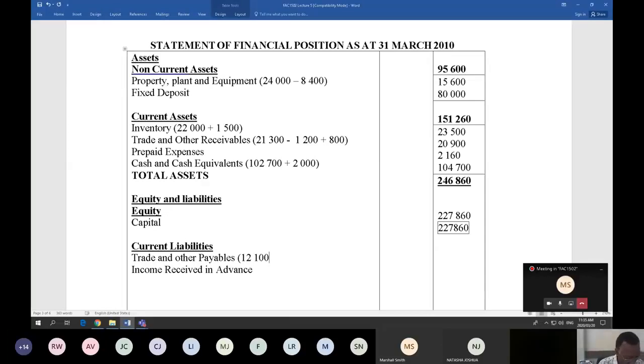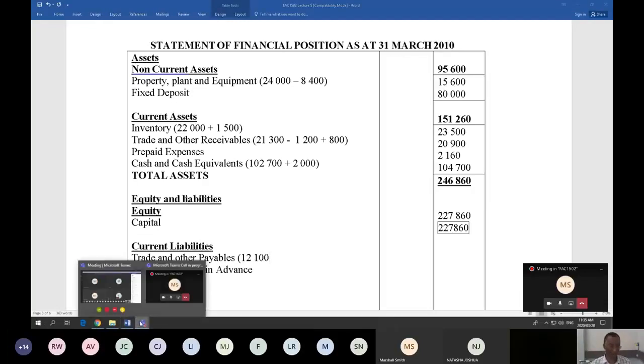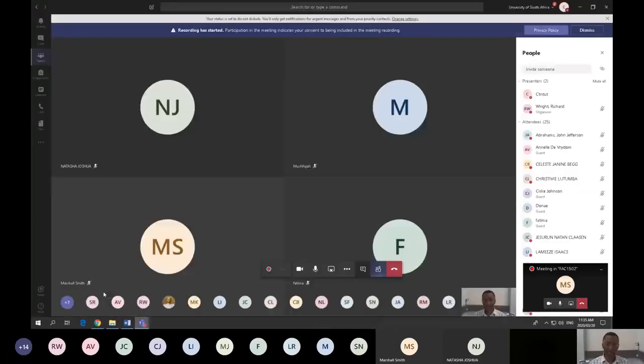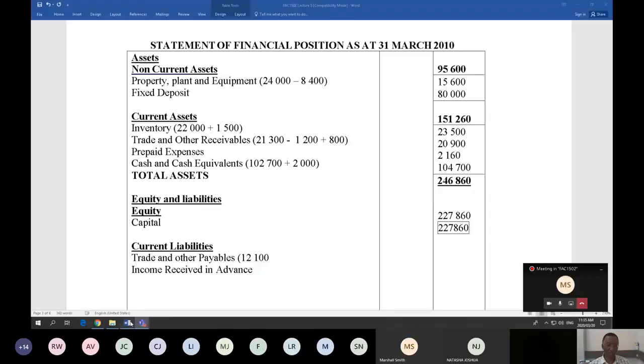Then you will recall from your adjustments, there was still salaries outstanding. And the salaries that was outstanding, remember we called that accrued expenses of 4,500 Rand. And that accrued expenses, we will now list as part of your trade and other payables.